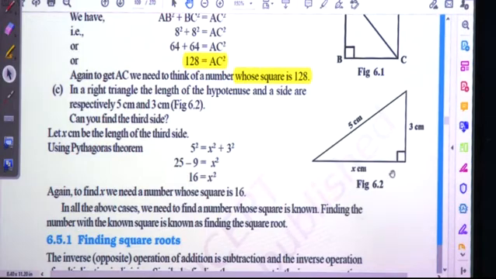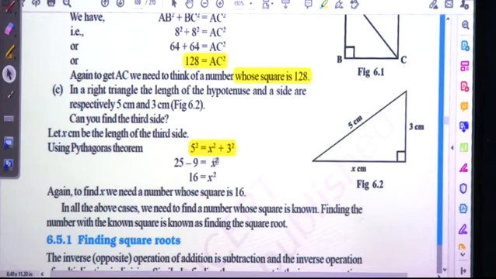Again by Pythagoras theorem, x square plus 3 square is equal to 5 square. The same is mentioned here: 5 square is equal to hypotenuse square, which is side 1 square plus side 2 square. Proceeding further, 25, that is 5 square. 3 square is 9, it is taken to the left hand side, so it becomes minus 9.